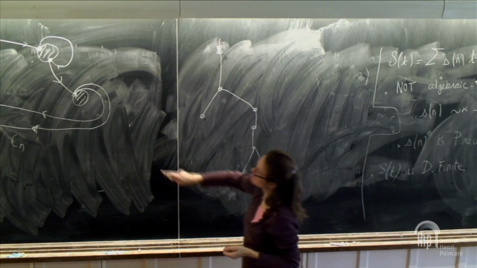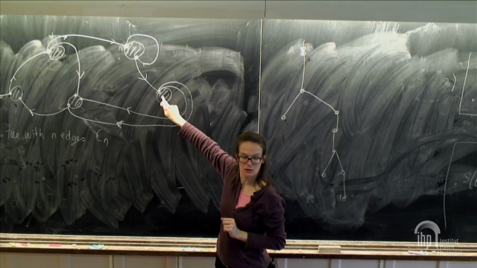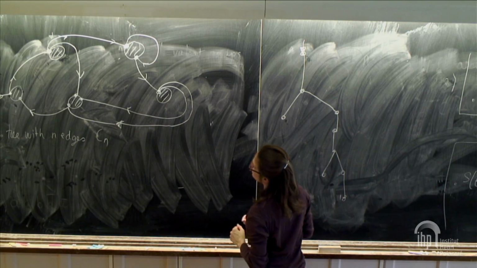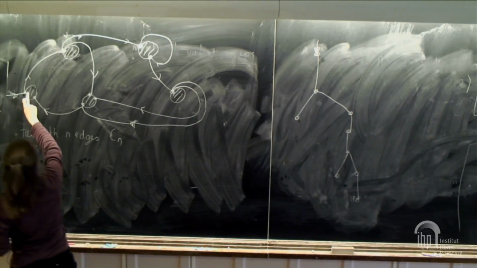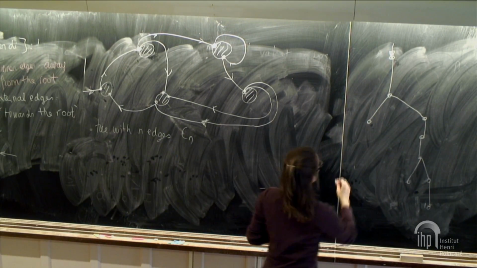And then I claim that the little blobs define a non-crossing partition on the nodes of this tree. And it suffices to draw them again. So I have one part that contains this node and that node.